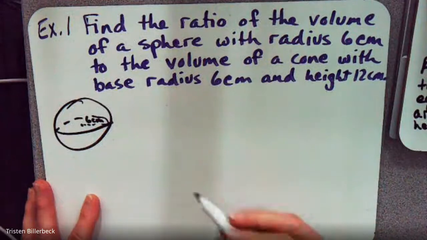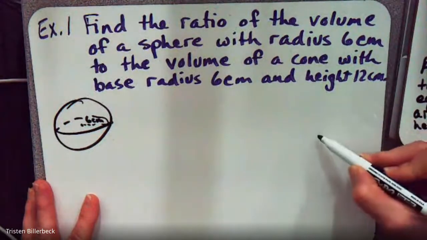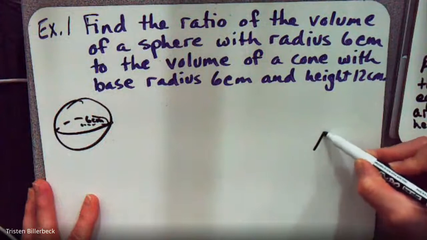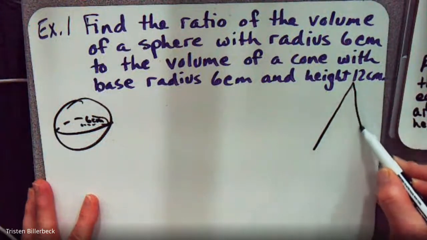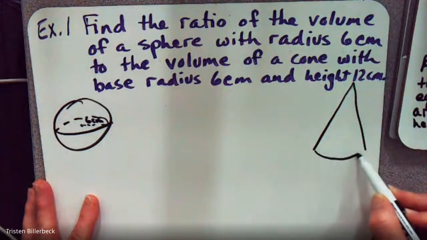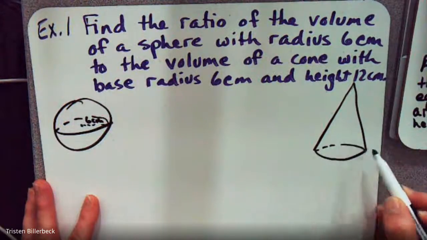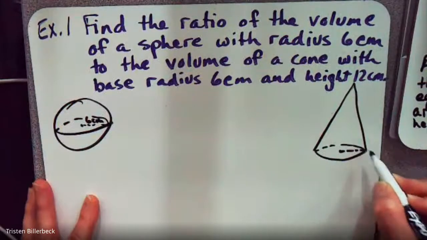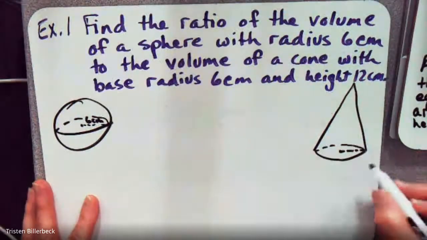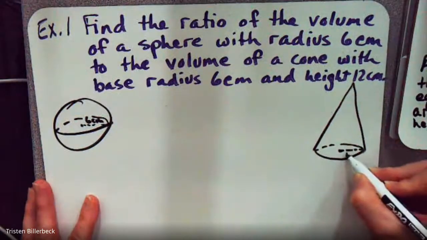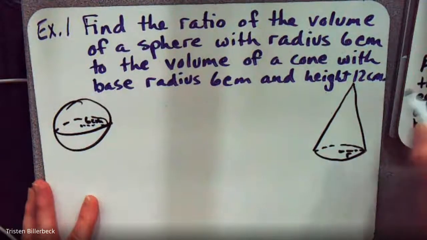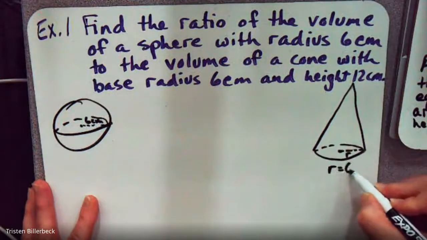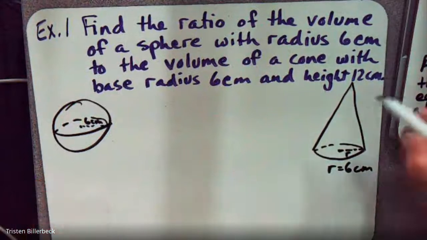Okay, then we have a cone. So we'll put the cone over here. This cone is tall. Okay, so we have our radius here, and the radius of the cone is also 6 centimeters, so we'll say r is that, and we will put r equals 6 centimeters since it's a little tight.